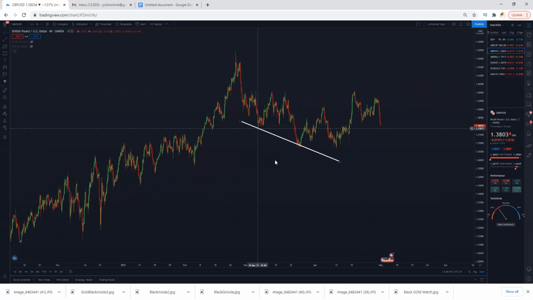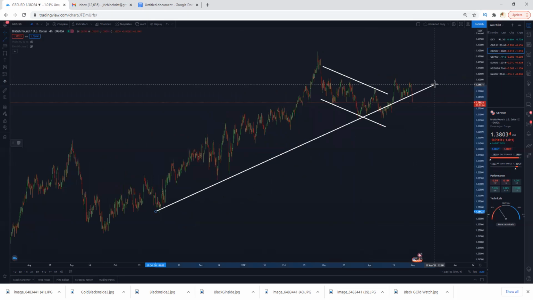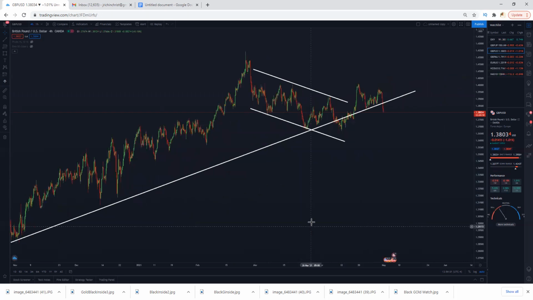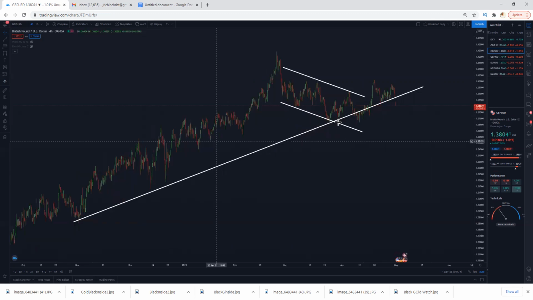And how do I know? It's created a downtrend within a macro uptrend. Anytime you see a downtrend within a macro uptrend, the market is more than likely to continue in that downward channel.